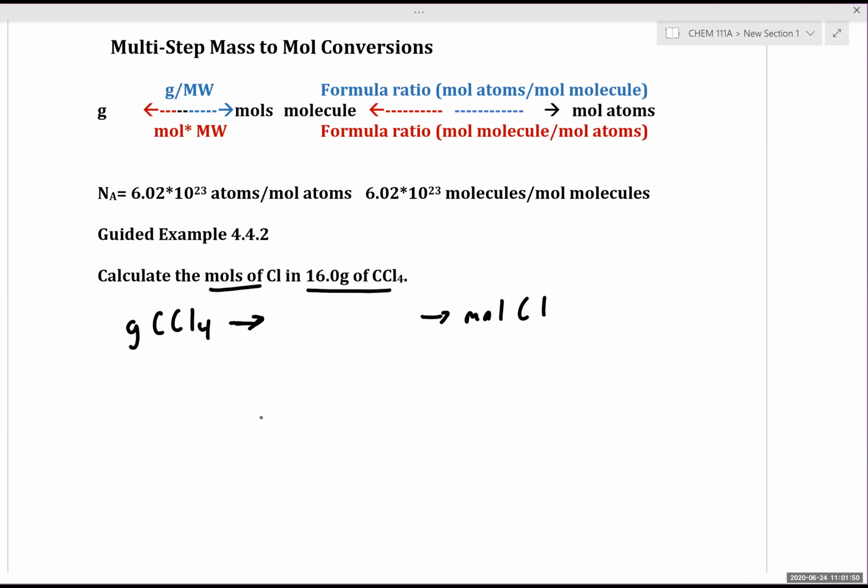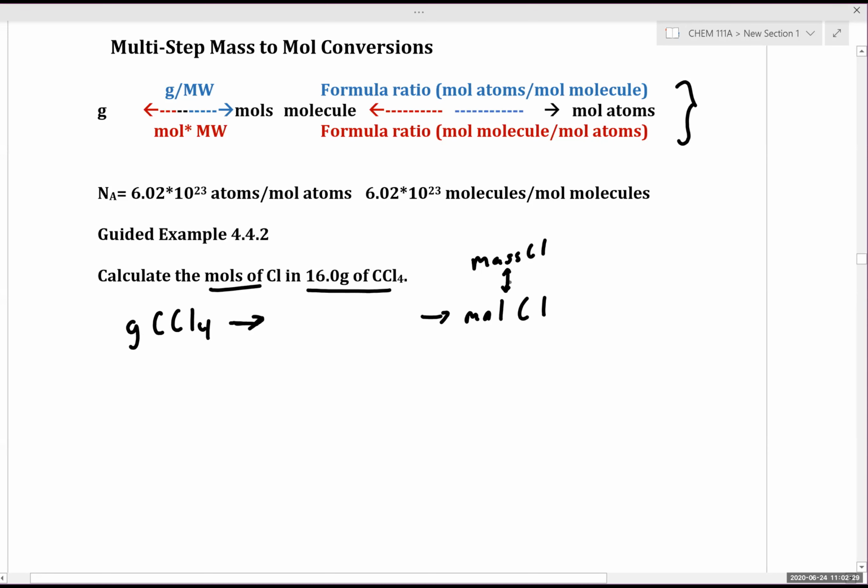Atoms would be tricky since we are starting with the mass of a molecular species. What other units could we go through? If we want to figure out the moles of chlorine, where can we get the moles of chlorine if we know the mass of carbon tetrachloride? And if you need a hint, just try to look up here at this problem solving scheme. Yes, we can get the moles of chlorine from the mass.